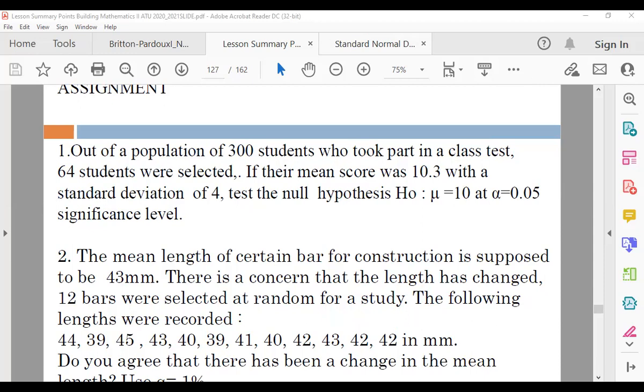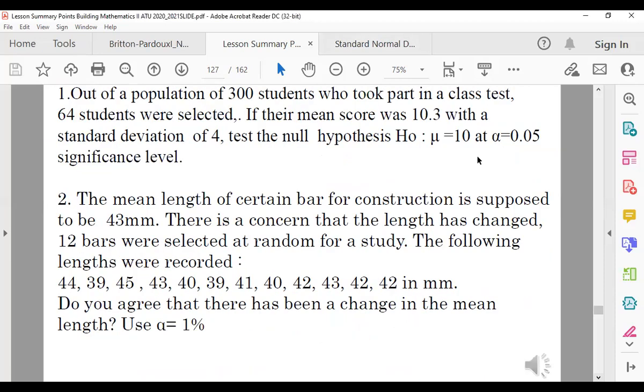But for the second question, the data has been given. You were not given the sample mean, you were given the whole sample data. So you will have to find a sample mean, and you also have to find a sample standard deviation. We all know how to find mean and standard deviation, but you have to use the sample standard deviation formula, as I explained in class. So take note of that. That is a clue to solving this problem.